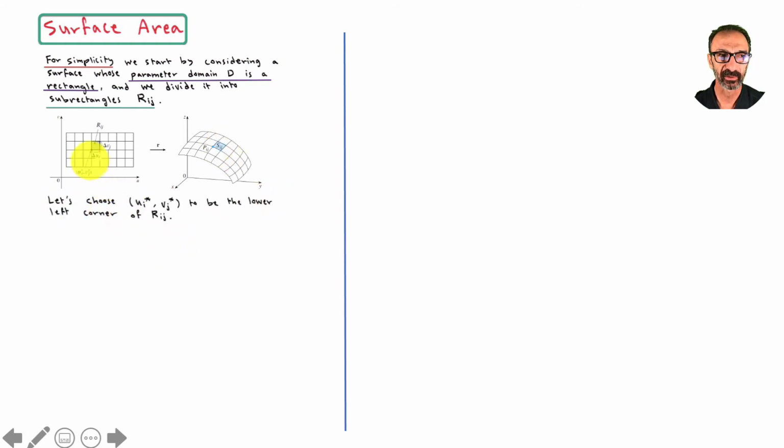Let's choose u sub i star and v sub j star. Remember, like Riemann sums, when we take midpoint and right and left and so on. So we're taking the bottom left point of each rectangle, the lower left corner of R sub ij for each R sub ij.